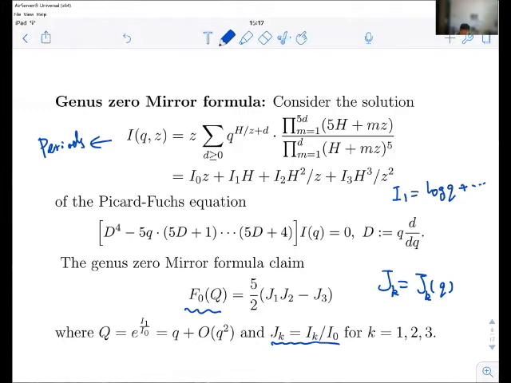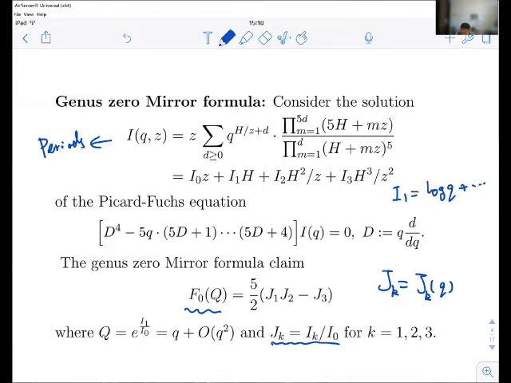So then this mirror map is invertible, and then you can recover the whole generating function F0 by using these periods. This means that you can compute all the genus zero invariants for all degrees at once. This is the well-known classical mirror symmetry, and this was already proved by Givental and Lian-Liu-Yau independently.